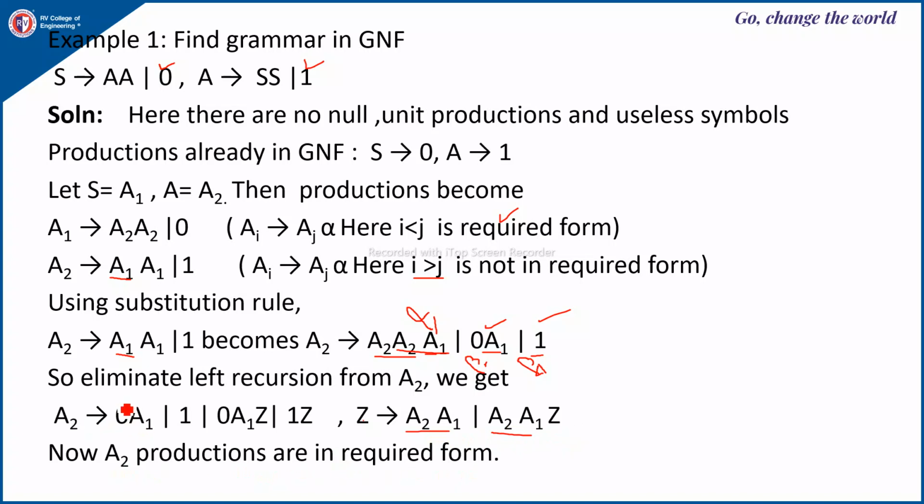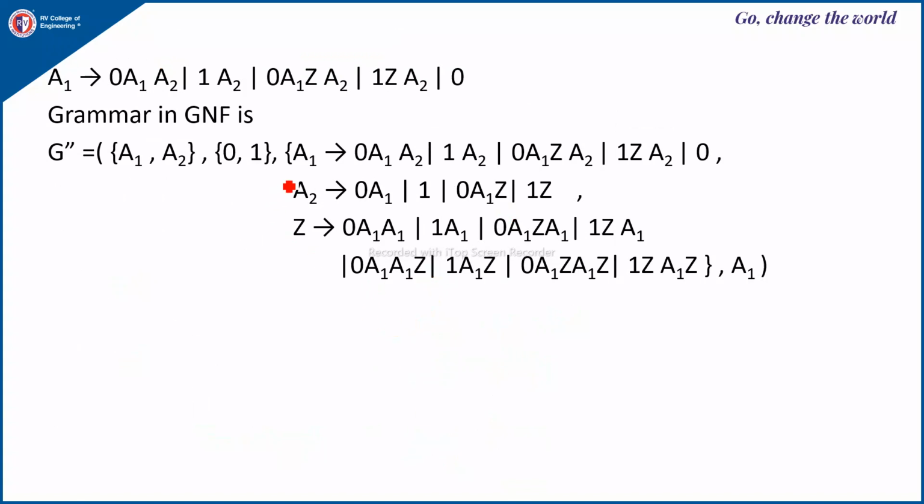You can observe this is starting with a terminal followed by variables, or a terminal alone. Only the A2 productions are in the required form. Now you can substitute the A2 productions in the A1 productions and get the grammar in the required form.